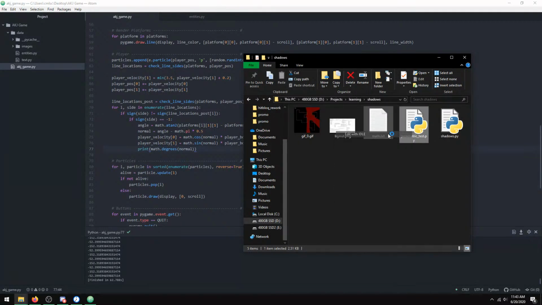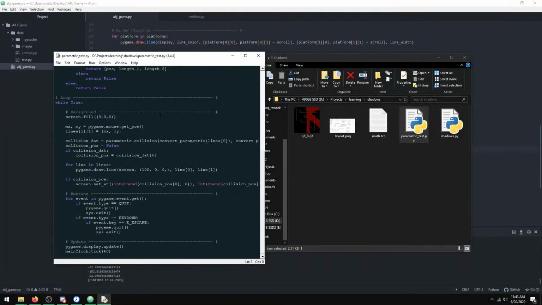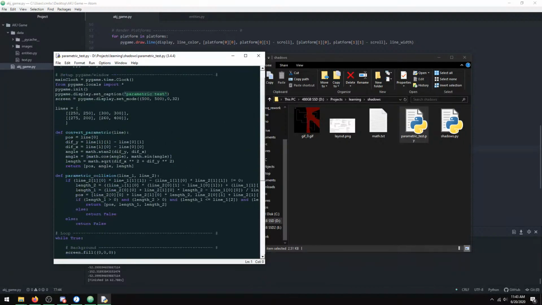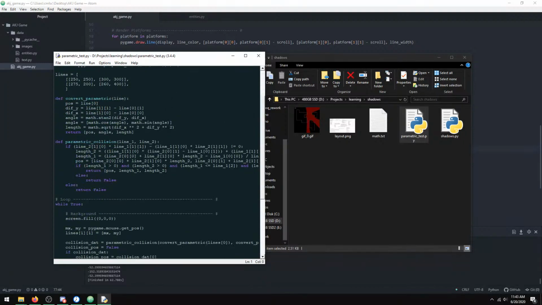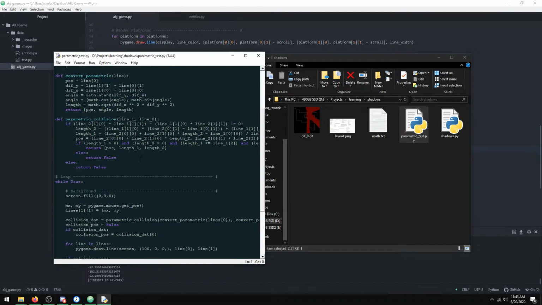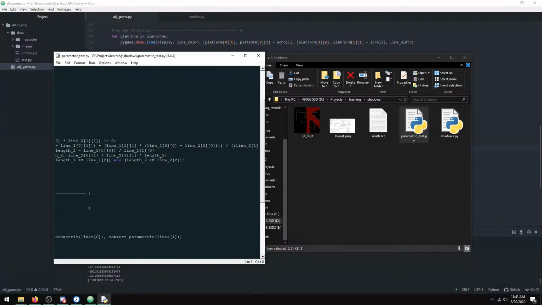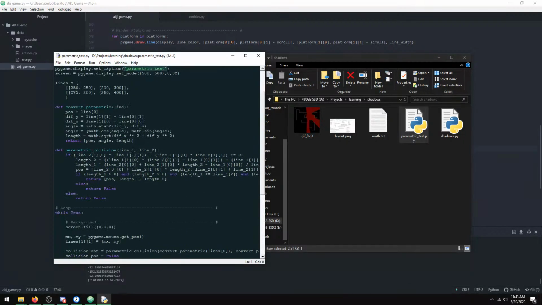Anyways, what is this one? Do I have a function for it? Parametric collision. Yes. So are the lines 2 points? It looks like it. So if I just draw a line in the direction of movement. Well, yeah, I can just use this instead of the other thing I just wrote.